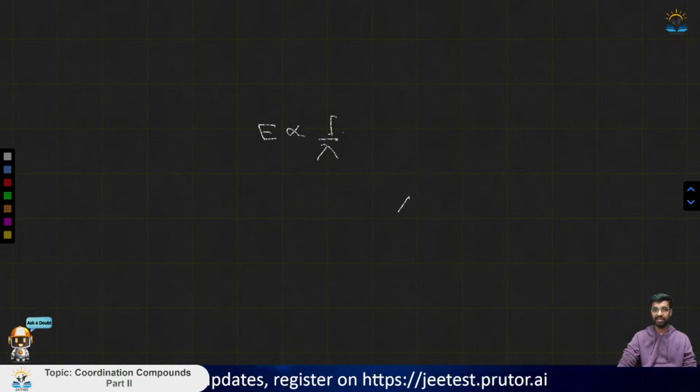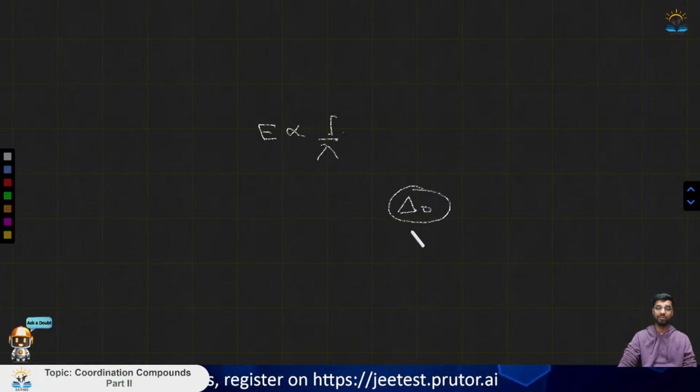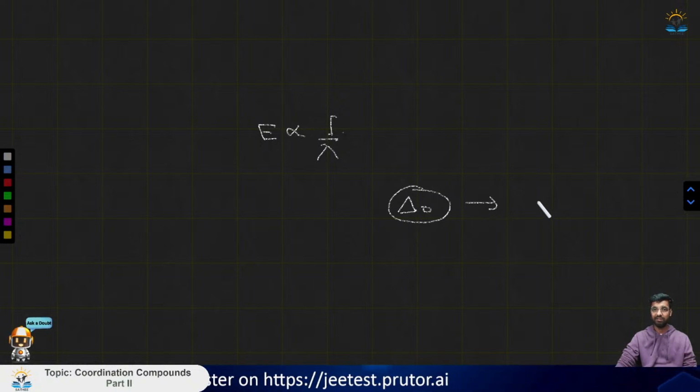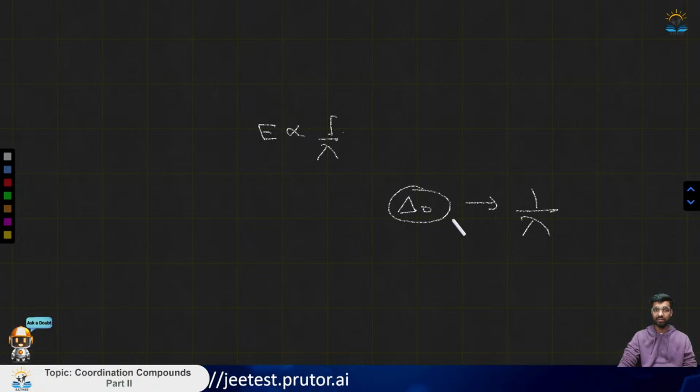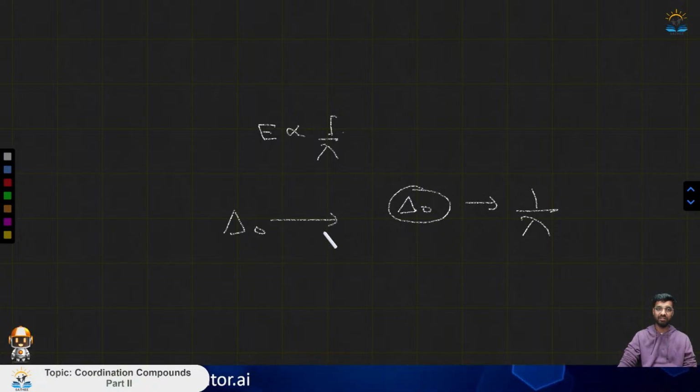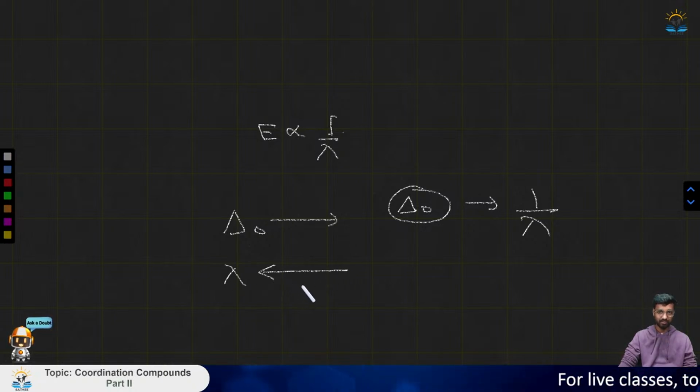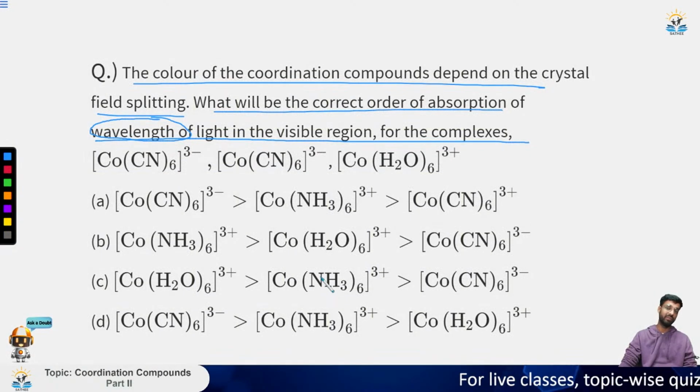If you have a higher energy gap, that is delta value, that means you have a lower 1 by lambda. So if delta O increases in this order, then the value of lambda will decrease in this order and increase in the opposite direction. The one that has the highest delta O will have the lowest lambda.